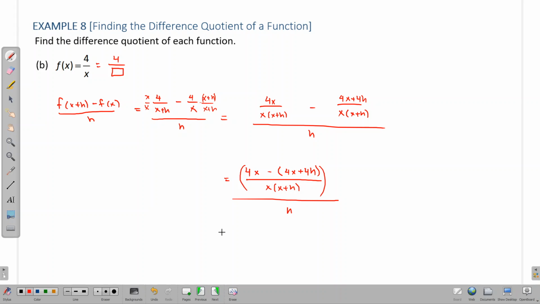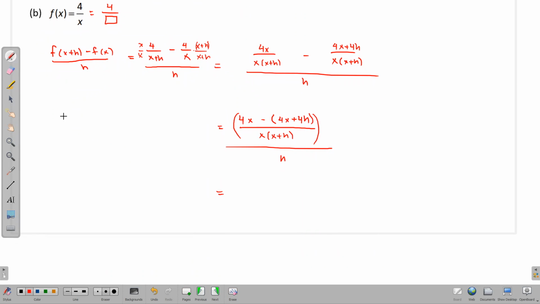All right, so it looks something like that. These 2 subtracted would look like this, and we still have that divided by h on the bottom. So let's go ahead and distribute the negative through to each of these terms. Notice those 2 are going to cancel.